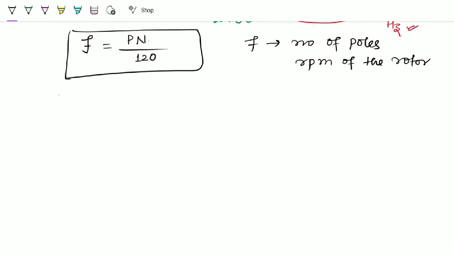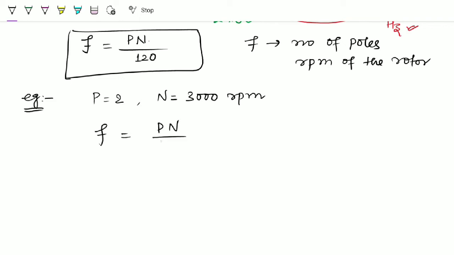Now for example, if we want to calculate the generated frequency in case of a synchronous machine having 2 poles, which is run at a synchronous speed of 3000 rpm, we can simply calculate it as frequency equal to PN upon 120.